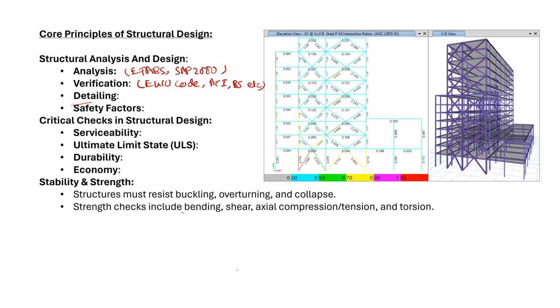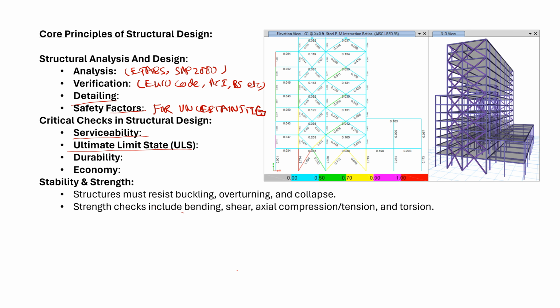Safety factors apply to account for uncertainties. There should be proper checking in the following aspects. Serviceability: deflection limits, crack control, and vibration comfort need to be within acceptable condition.